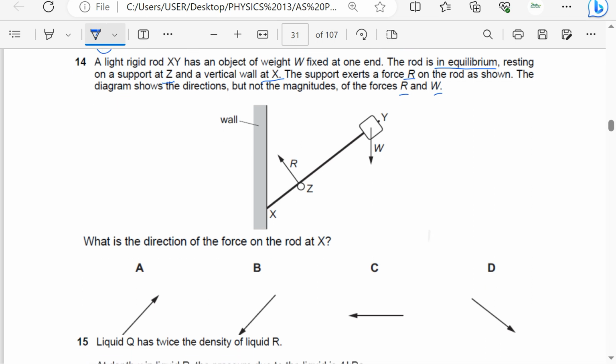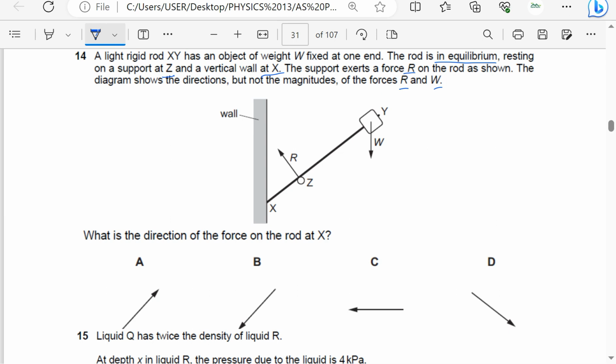Okay. Because this is in equilibrium, I'm going to try and prolong these forces and see where they meet first. For equilibrium, the moment due to R must be greater than that due to the weight, because the weight causes a clockwise moment and R causes anti-clockwise moment.